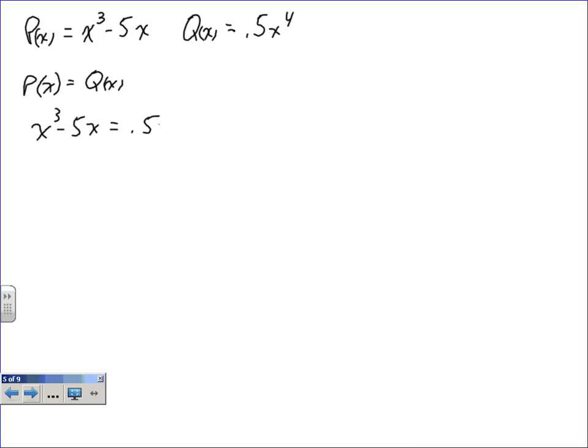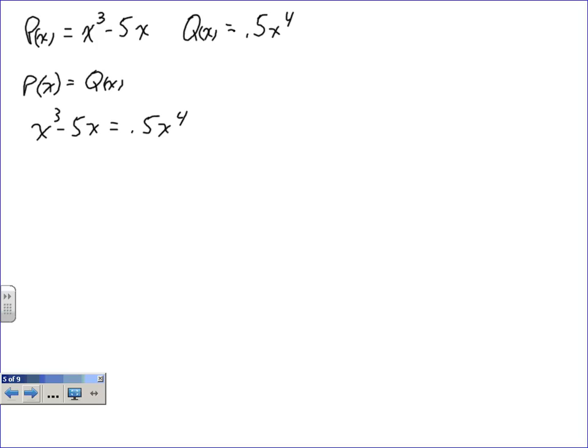Then you go to your calculator. And in your calculator, into y1, you're going to put x cubed minus 5x. And into y2, you're going to put 0.5x to the fourth. And basically, you're going to look where do they cross.